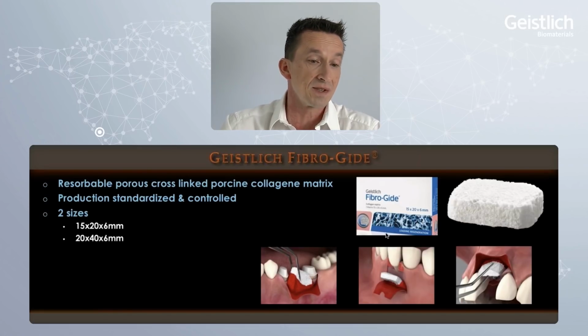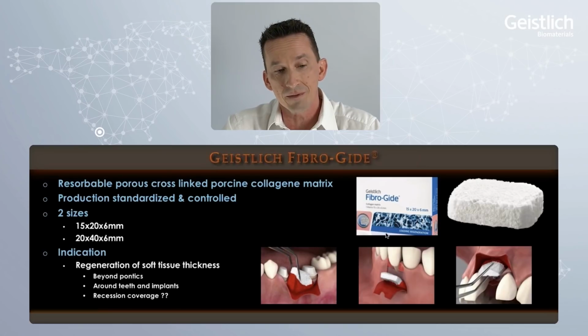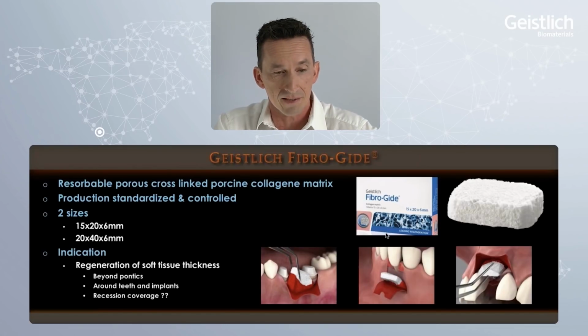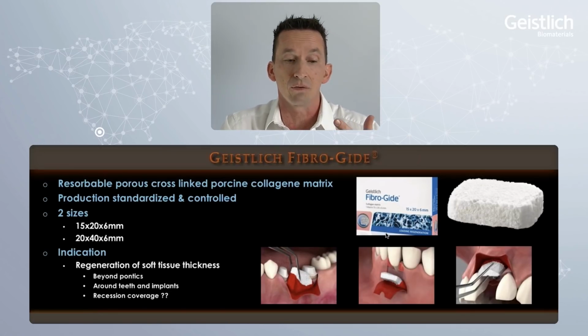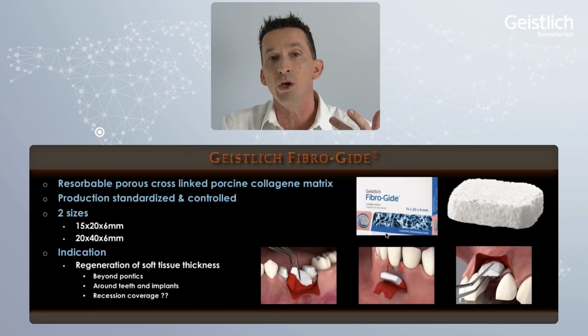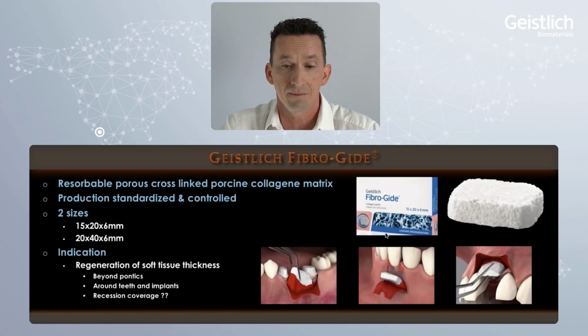You can have it in 2 sizes, and at the moment for dental use, the smaller size is quite enough. The indication is regeneration of soft tissue thickness beyond pontics, around teeth, around implants, and we hope in the future also for recession coverages.